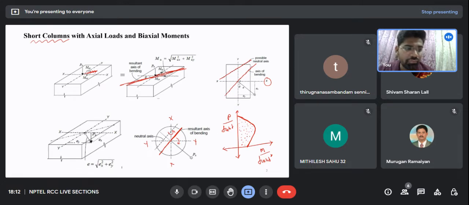Now, can any one of you tell me, when we have two moments and one axial load, what kind of interaction curve will we have? Can you even imagine? Here I have only one moment. I think you all must know this already, because the week content of this column has already been released, so there is no sense of making any suspense.